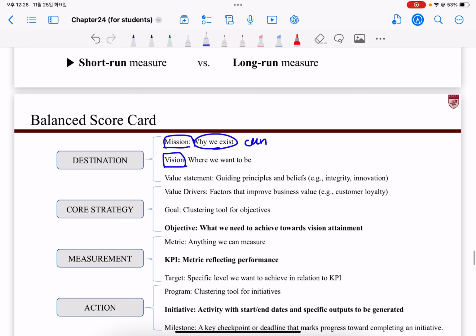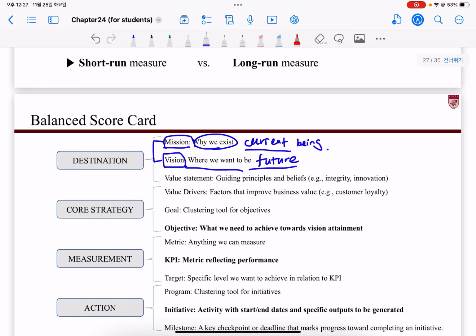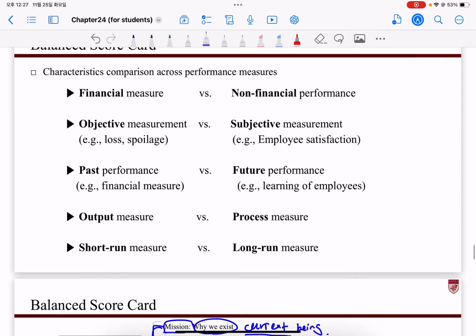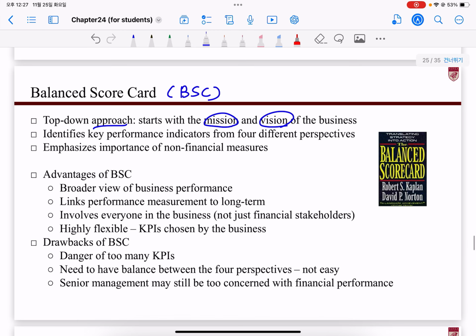It's about the current us, current being. Vision is about the future. So where do we want to be in the future? Okay, so both are always together. So you want to first start with why we're here. What do you want to do in the future?